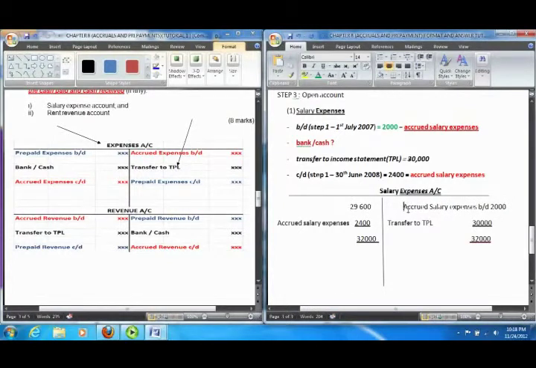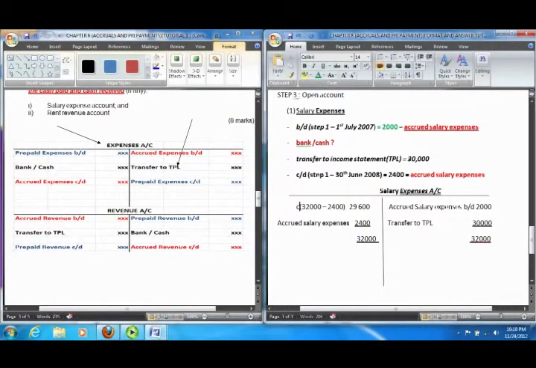Class, you know how I find out 29,600? 32,000 minus 2,400. As you can see here, class, you can check your answer. 29,600 plus 2,400, do you get 32,000, class? Yes.